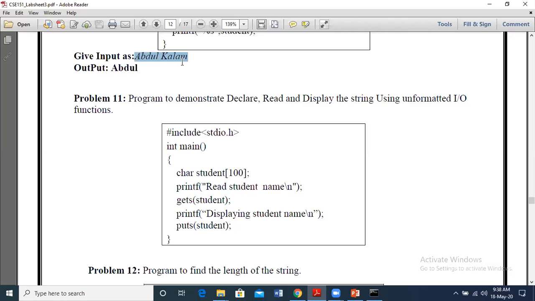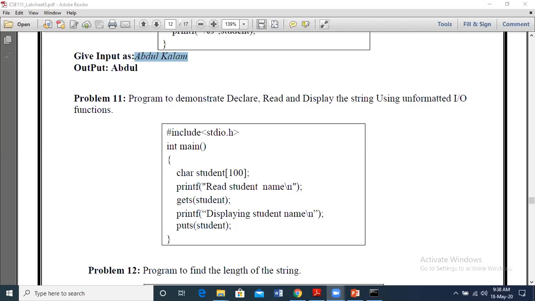Yes, the full name you will get, because gets is going to accept Abdul Kalam itself. So the whole name, because space is also considered as part of the input. Only Enter will be considered as the end of input using gets. So here it will accept the entire name. Abdul space Kalam is the entire name which is stored in student.